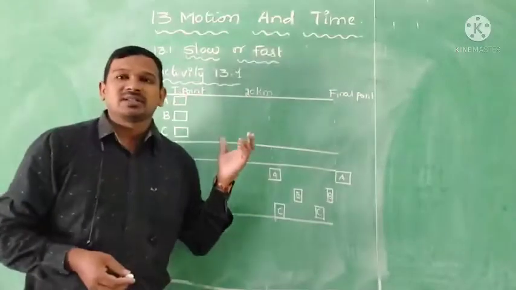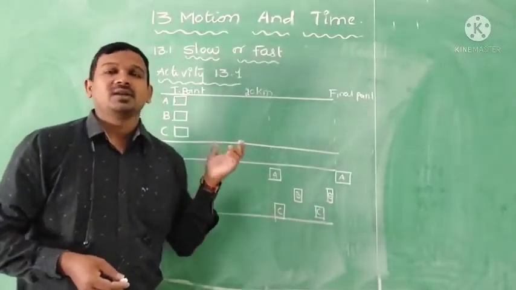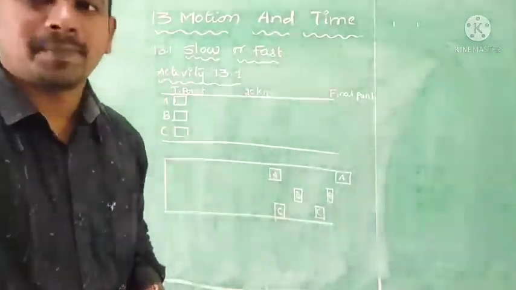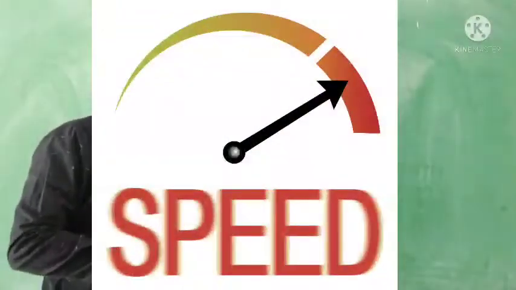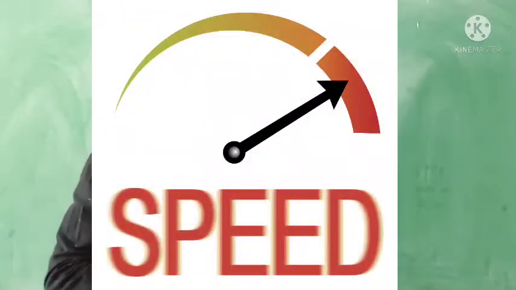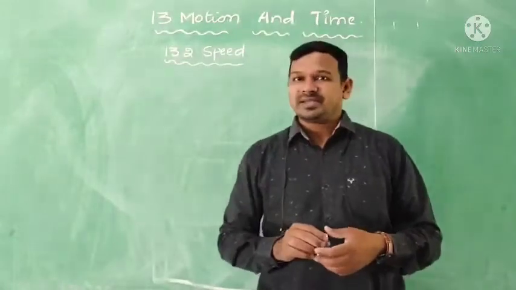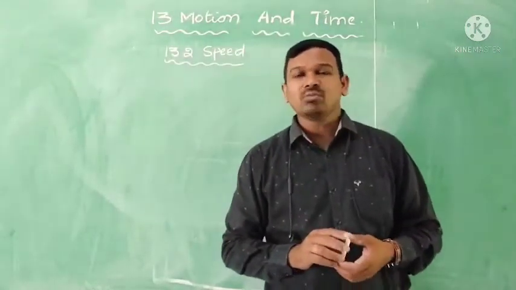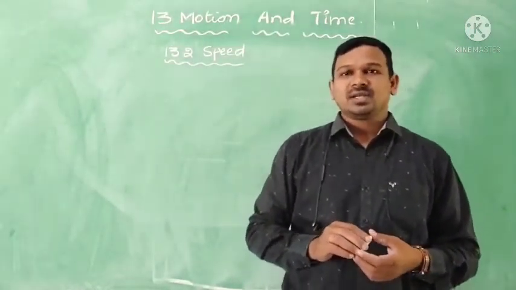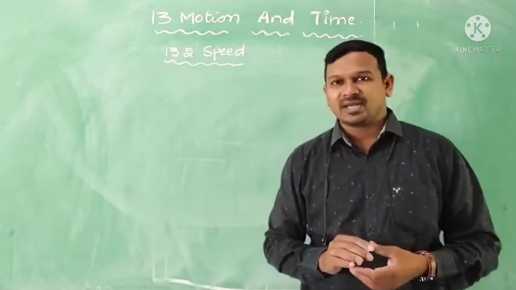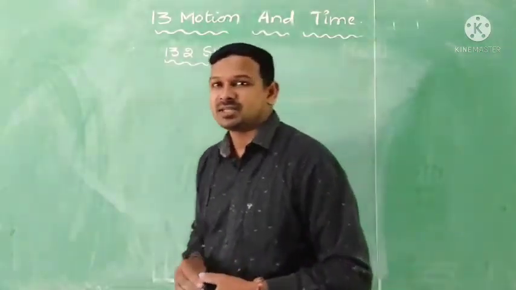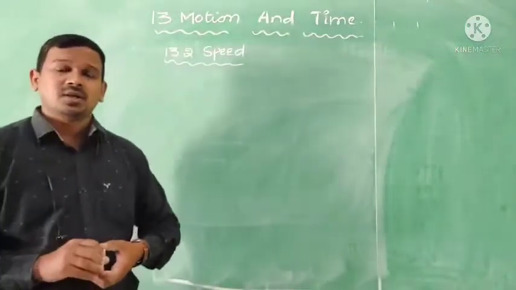Now we are going to discuss speed and later the types of speed. In the last activity, based on the distance covered in a given time, we clarified which one is fast and which one is slow.